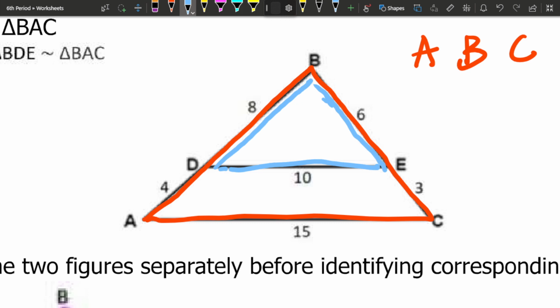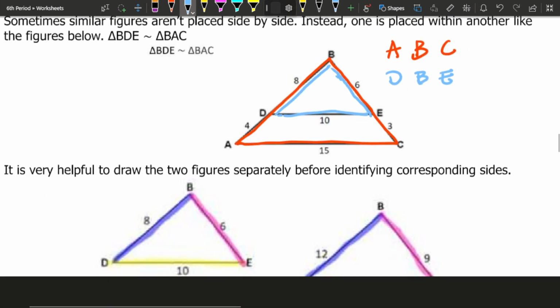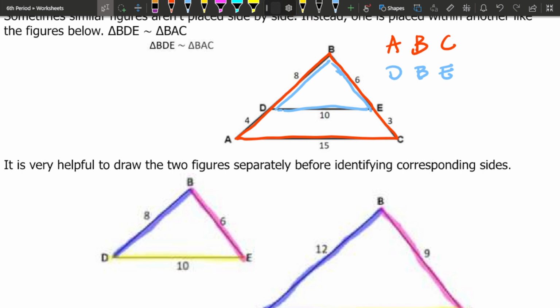So this is going to be triangle D, B, E. We good? All right. So, luckily for you, in this worksheet, they already did that for you. And they also even color-coded this for you. But if you don't have different colors, if you're testing, I'm going to show you how to do it with pencil.